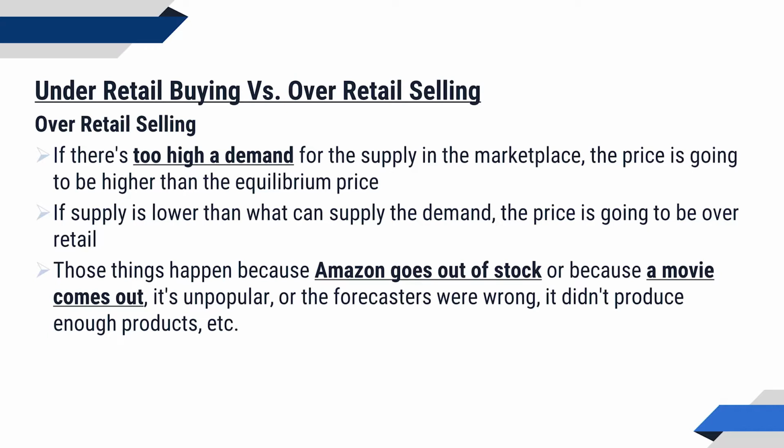Very lucrative business model, but also more, I don't want to say very risky, because if you buy right and use all the information at your disposal, you can make very informed decisions and protect yourself. But there's no guarantee that the over retail is going to stay there forever.